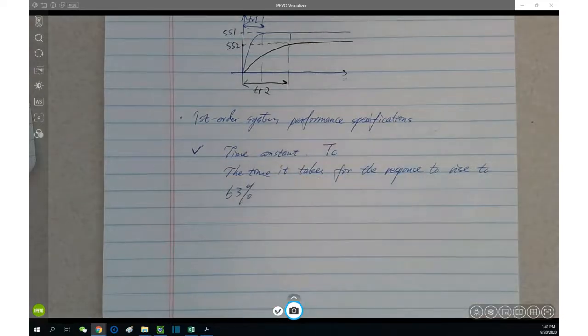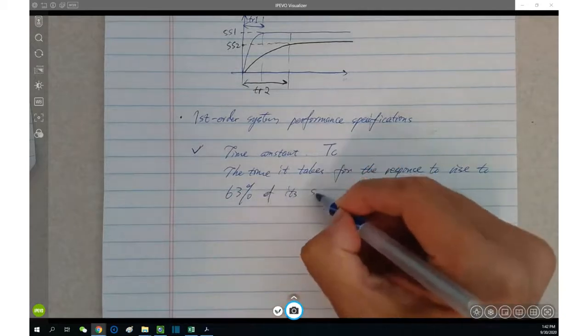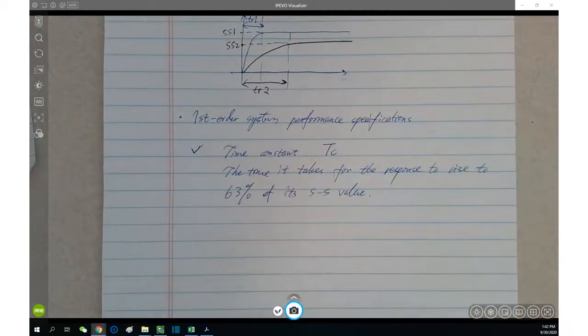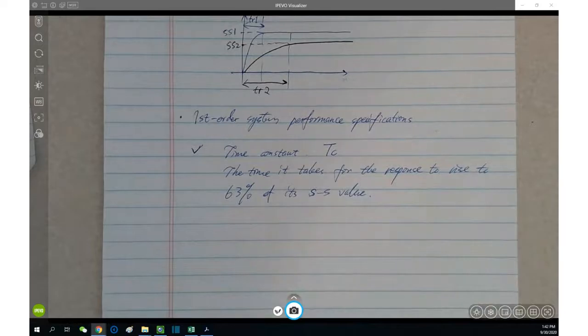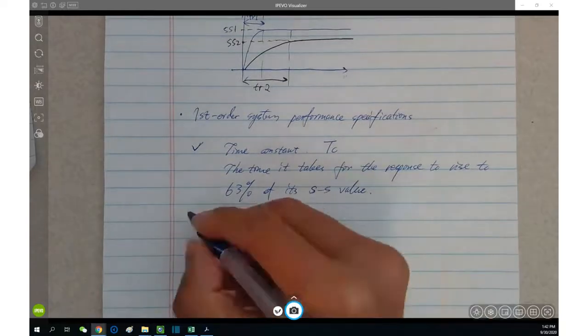It's 63% of the steady state value. The time it takes for the response to rise to 63% of the steady state value. This is the definition for time constant.